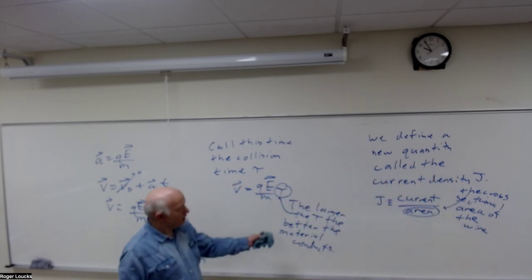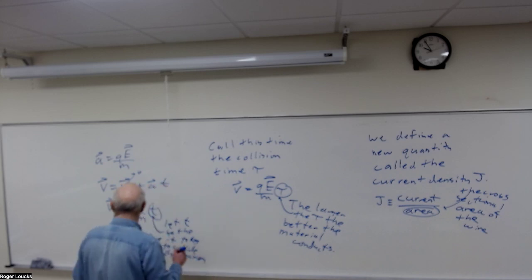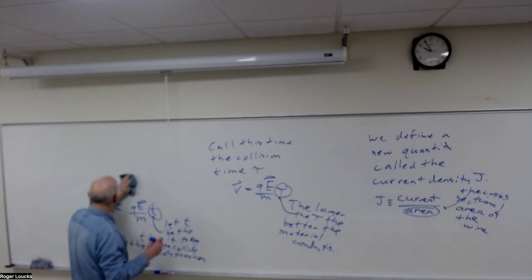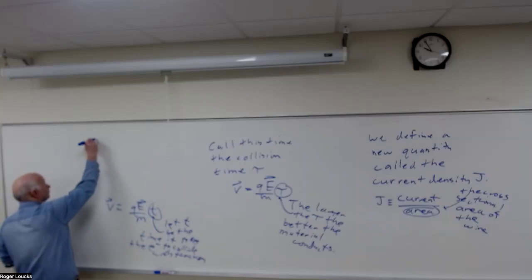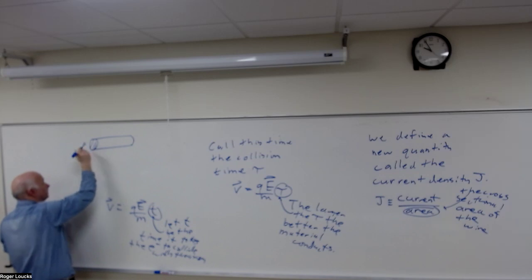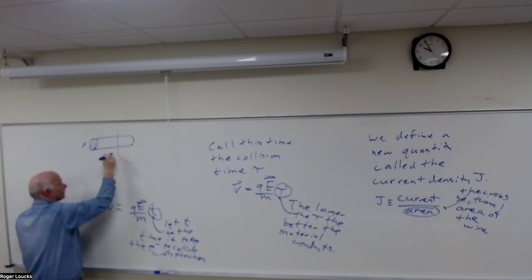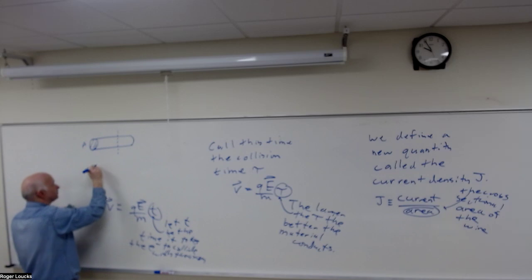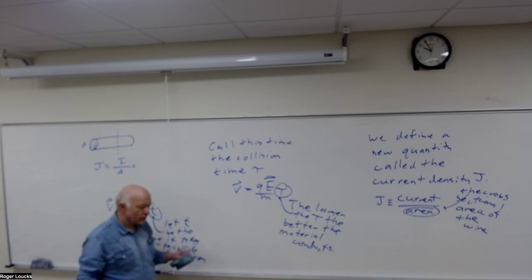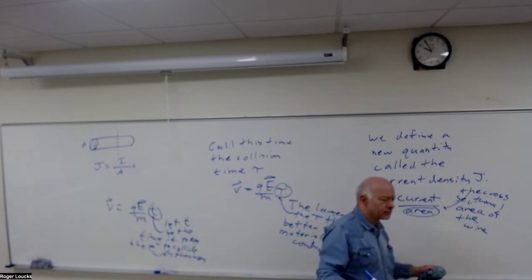Okay. So I want to beat on this and see what that's going to be. So here's our little wire. Here's our A. And here's our little line. So we said this is a current I. What did we say current is?